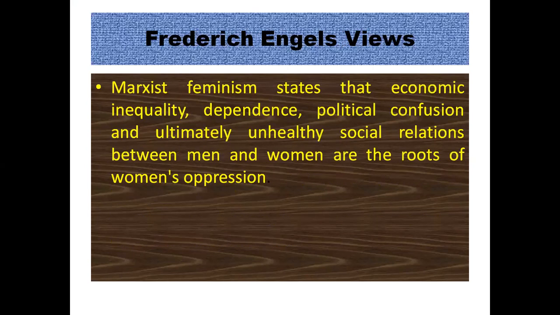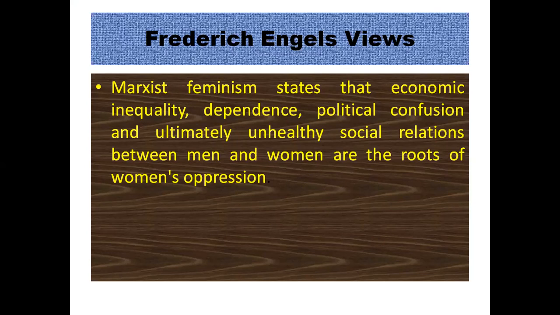According to Marxist Friedrich Engels, who did a lot of work on Marxist feminism, economic inequality, dependence, political confusion, and ultimately unhealthy social relations between men and women are the roots of women's oppression.